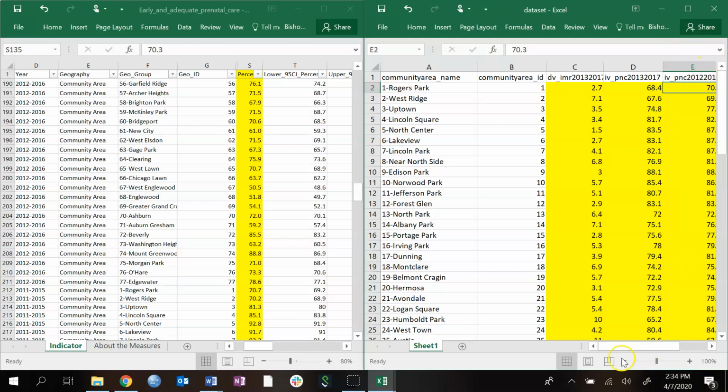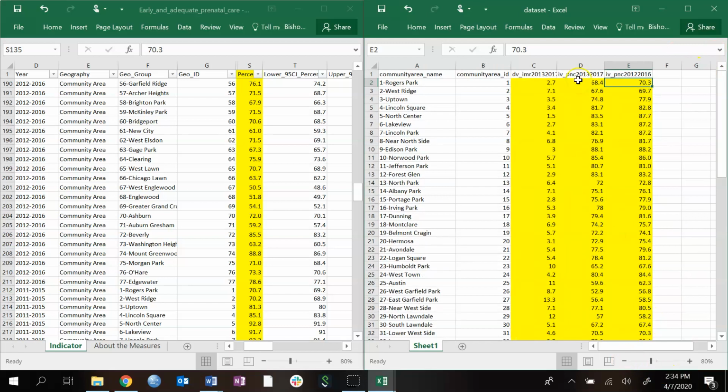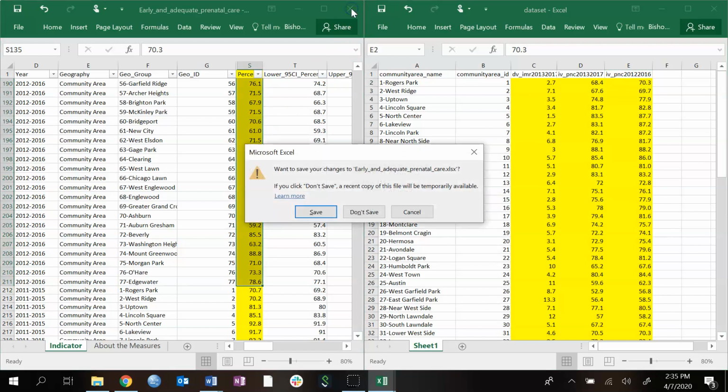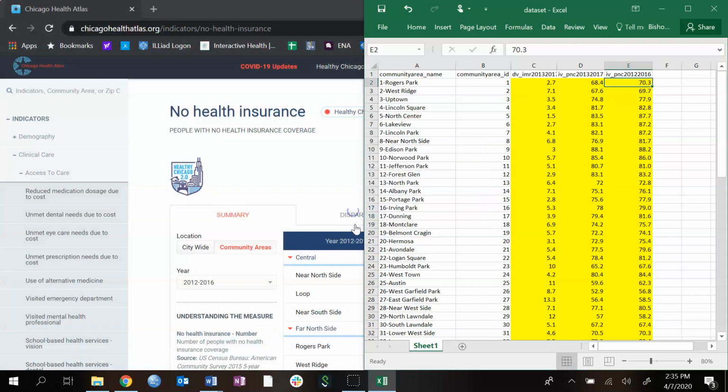Cool. All right. So I've got prenatal care for 2012 to 2016, prenatal care for 2013 to 2017, only because I haven't quite decided which year I'm going to settle on.